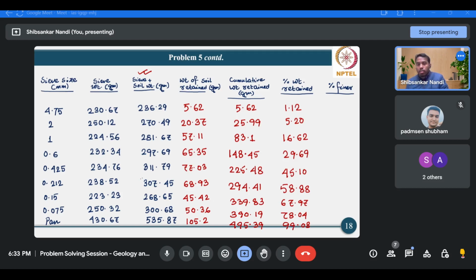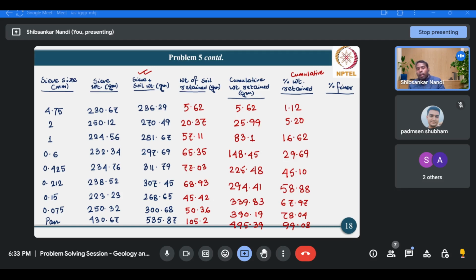Okay, so this is for percentage cumulative weight retained. Here you should correct it, percentage cumulative weight retained. Now what would be the percentage finer for a particular sieve size? It is basically retained. Now what is passing through that sieve size?